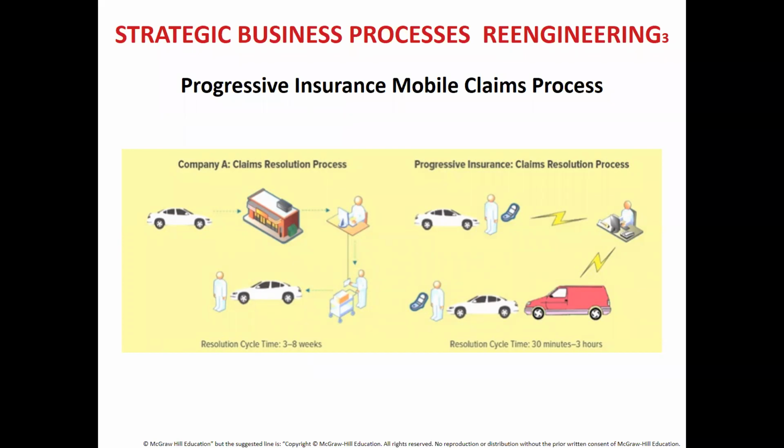So if you had a car which had an accident, for 3 to 8 weeks you are without a car. That 3 to 8 weeks is generally the process of getting the insurance approved for the repairing, and there is additional time for the car to actually be repaired.